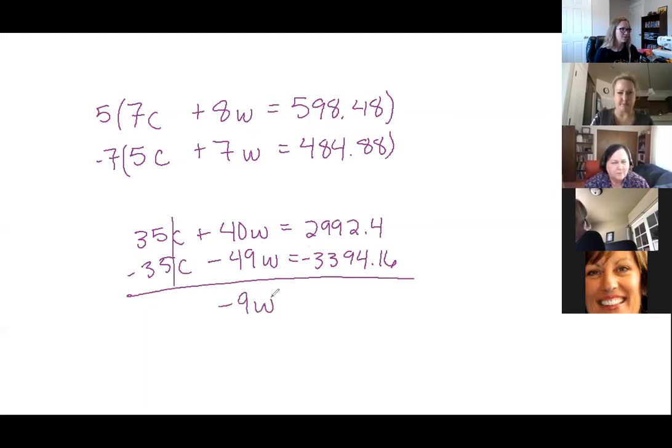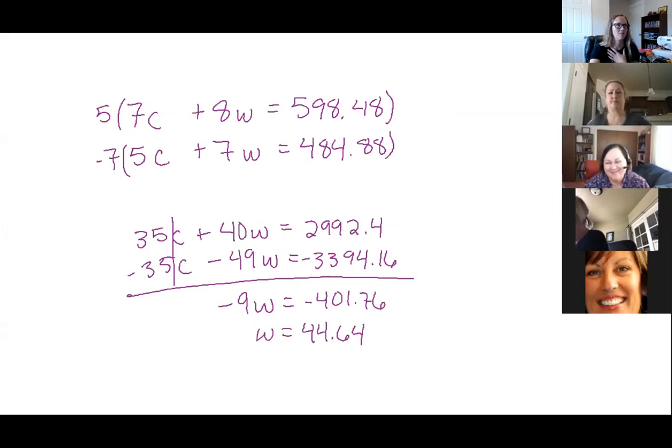We have negative, and that's okay this time because I will also be negative over here, whatever this one comes out to. Okay, so I am getting my W as 44.64, which is good because that was the answer that was showing up on my thing. So if W is that, that was much easier and cleaner.